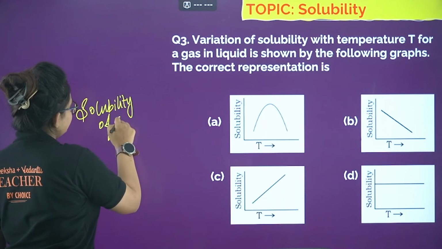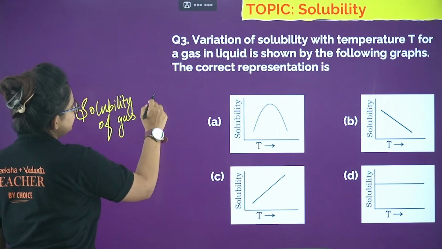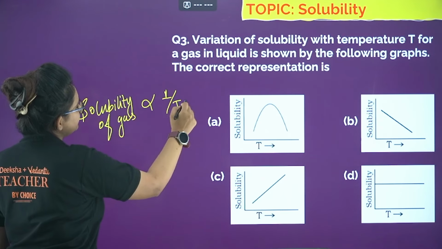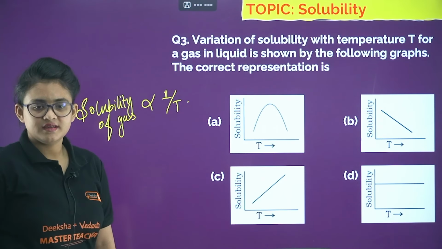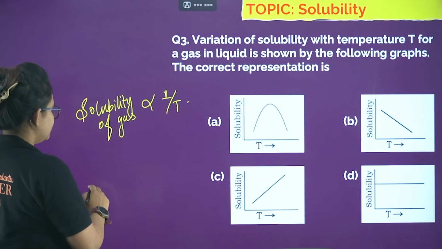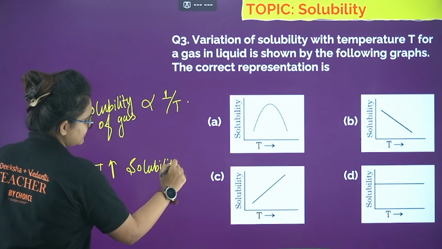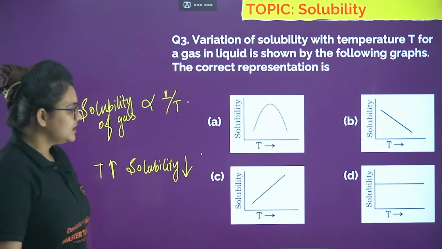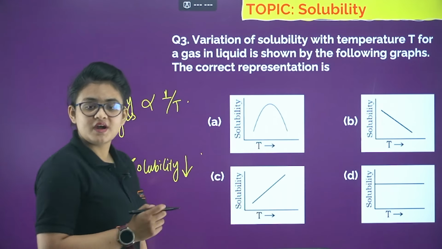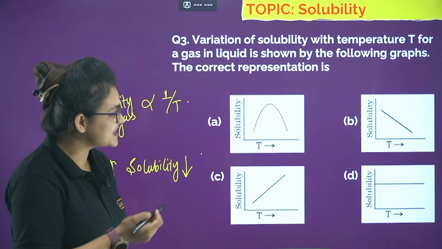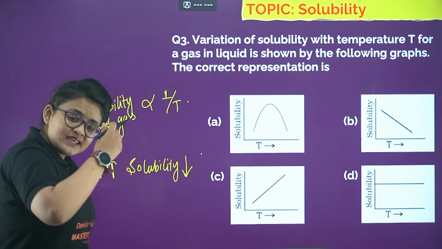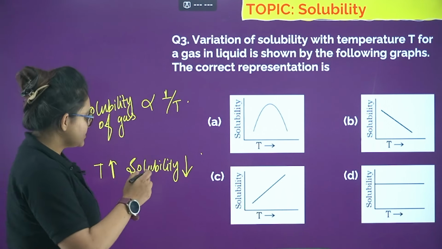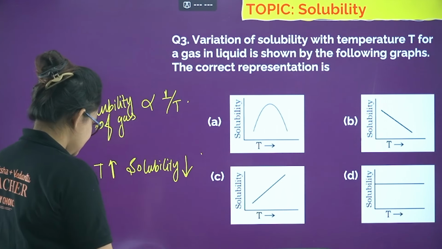solubility of gas is basically inversely proportional to T, right? Inversely proportional to T means if T increases, solubility should decrease, right? Now if you take solubility in the y-axis and T in the x-axis, then with the increase in T, the solubility must decrease, right?